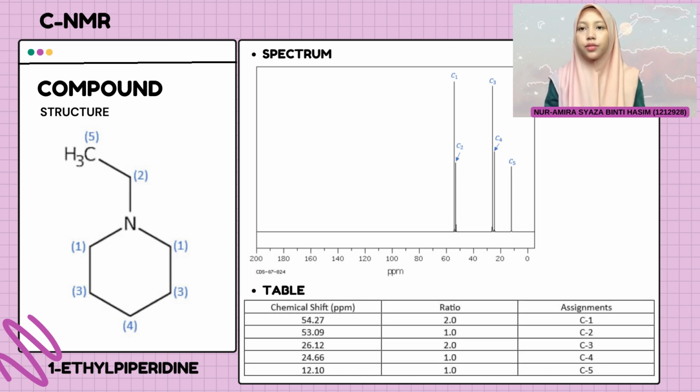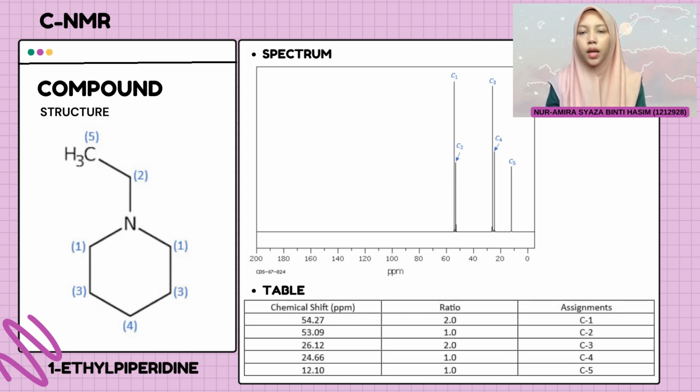Next, the other three last signals will be the carbons which are attached to primary, secondary or tertiary carbon, which is alkane, as they range between 10 until 35 ppm. Carbon 3 and carbon 4 are both attached to a secondary carbon, but carbon 3 is attached to the secondary carbon which is closer to the nitrogen atom.